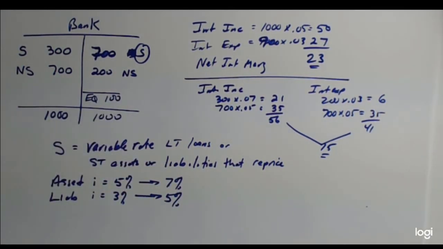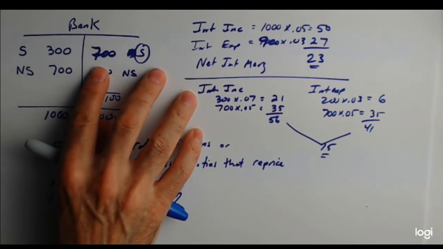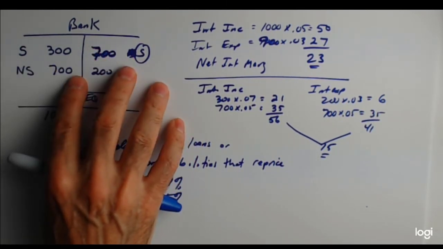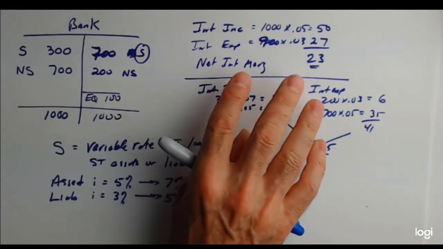So now, what is duration analysis about? Duration analysis looks at changes in market value due to changes in interest rates. If you recall from the bond market, if you studied bonds, when interest rates change, bond prices change. We didn't really reflect in any of this analysis changes in the value of assets or liabilities. We just looked at the effect on interest income and interest expense and calculated net margin.